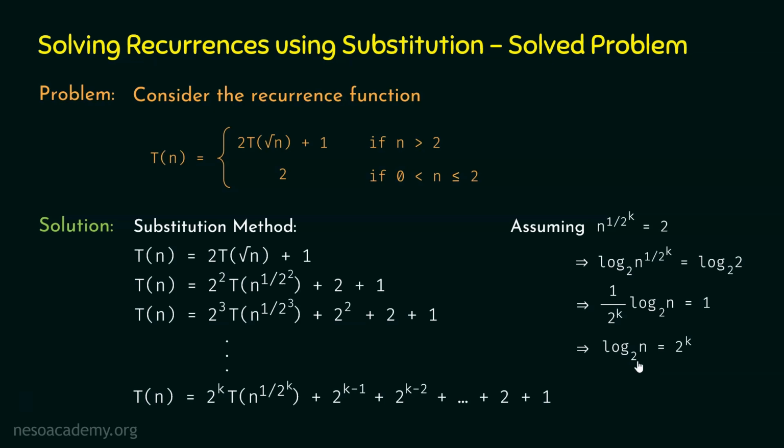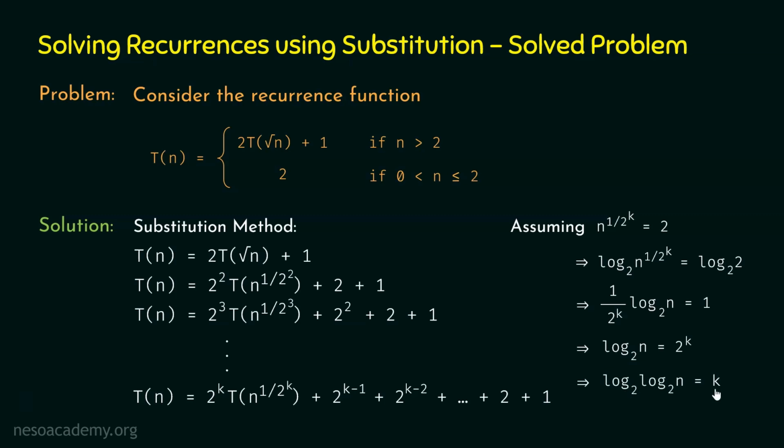Now again we can apply logarithm on both sides because our final goal is to obtain the value of k in terms of n. So we need to bring k down, and how can we bring k from the power to the base? By applying log on both sides. As simple as that. So let's apply log on both sides.